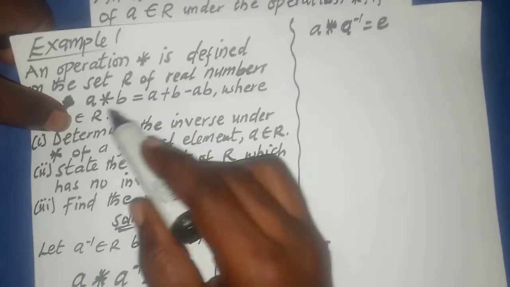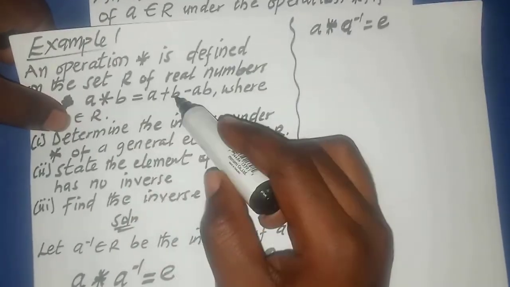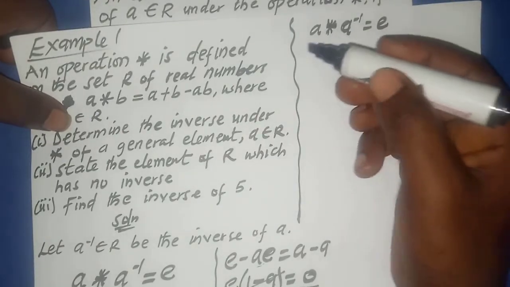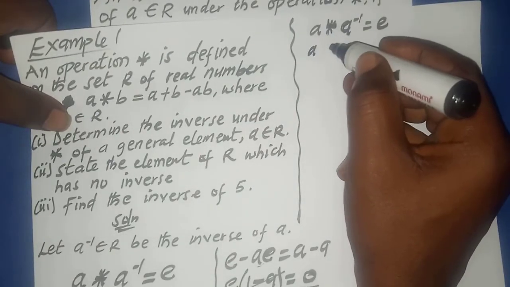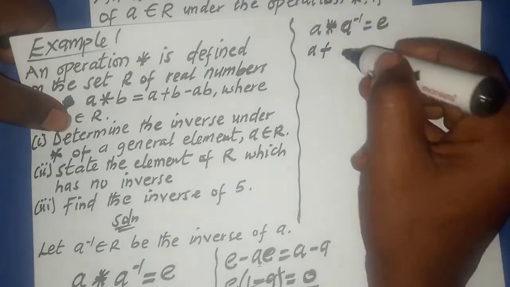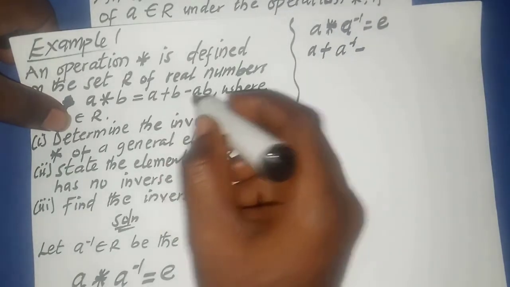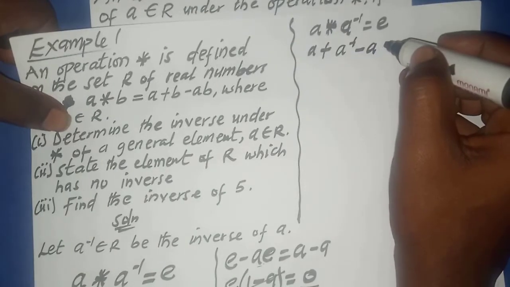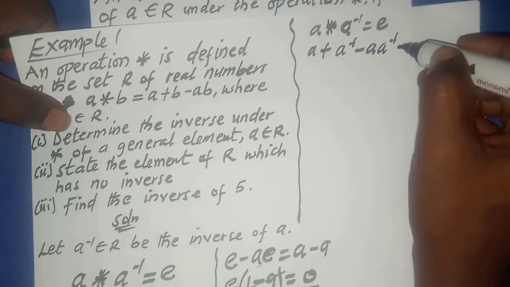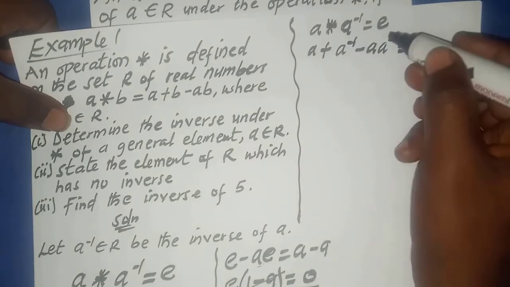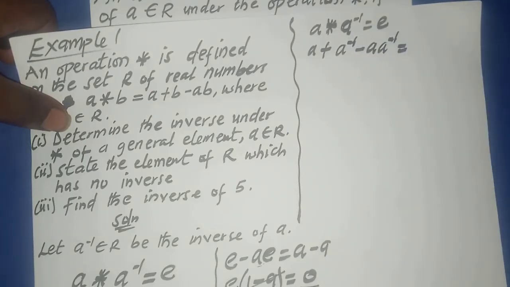So wherever we find A, we put A, and where we find B, we put A inverse. So we have A plus A inverse minus A times A inverse is equal to the identity element, which is 0.